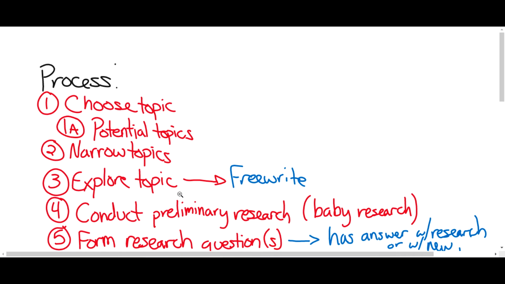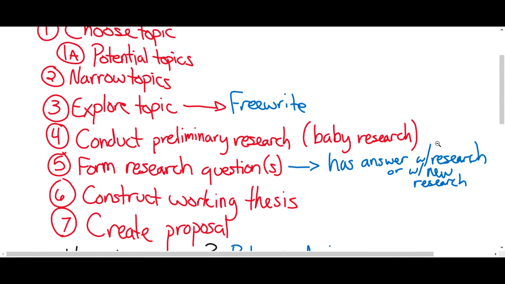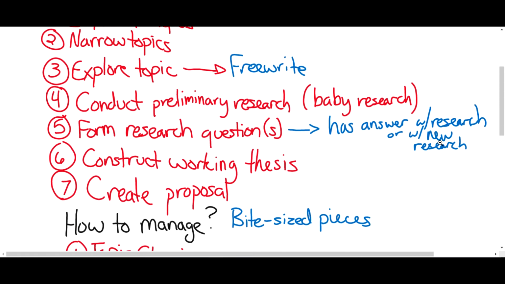Step 3 is exploring your topic, and in particular, this is where we free write. This was something that was mentioned in our first module. Free writing is a really great pre-writing strategy. This is a great way for us to, really kind of mindlessly figure out what we already know about a topic.